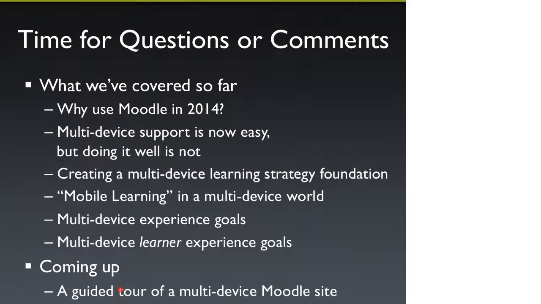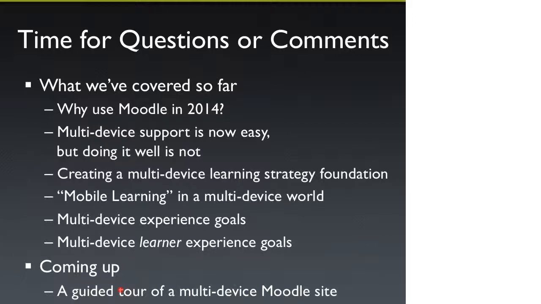Okay, so let's take a bit of a break. What we've covered so far: I've shared some of the core reasons why I'm using Moodle in 2014 for multi-device course companions, talking about the fact that with so many great responsive themes out there, it's pretty easy to have content adapted to the screen, but what about learning approaches and what kind of interactions do we want our learners to be doing now that we have different contexts? I shared a quick list of ideas for developing a foundation for device learning strategy, talking about mobile learning in a multi-device world, being situational and ubiquitous.